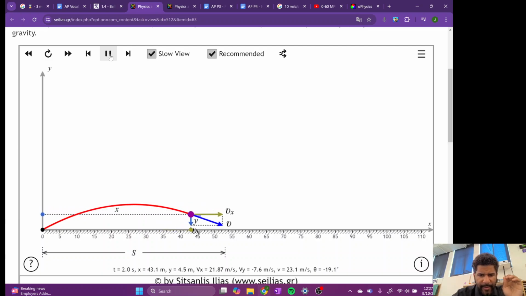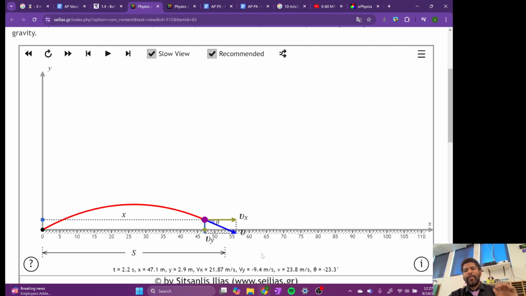Right now we're at 5, 4, 3, 2. Okay, come back. And again, we're at 3 meters. Now, instead of positive 9.4, we're at negative 9.4. The velocity is the same, except now it is pointing downwards. The y velocity is the same, it's just pointing downwards. So it's the opposite.